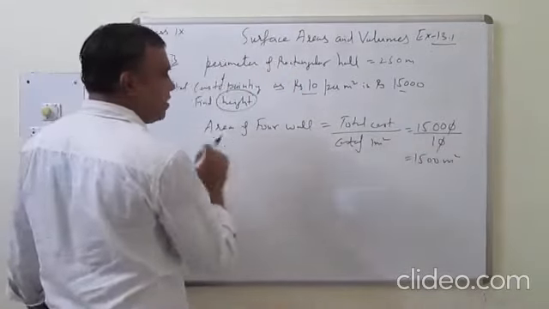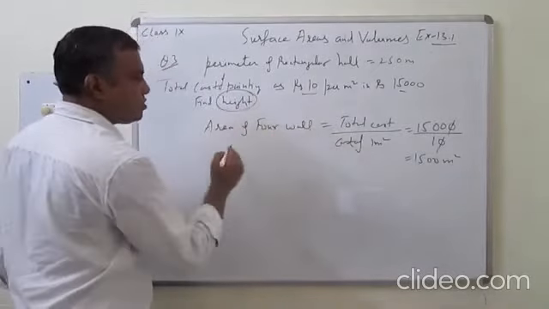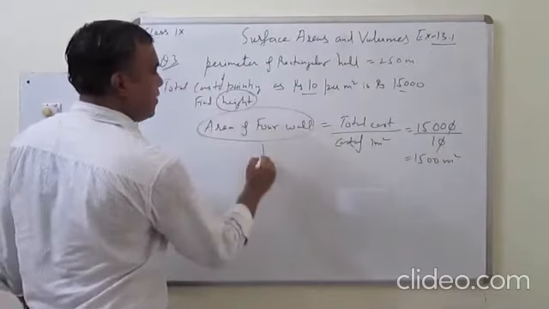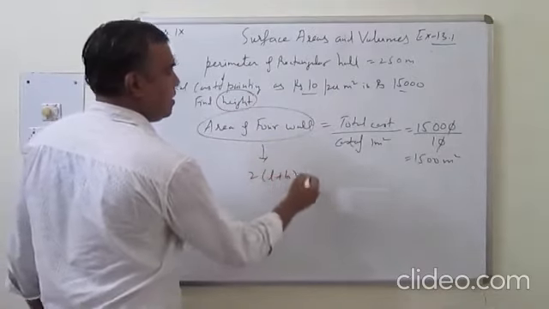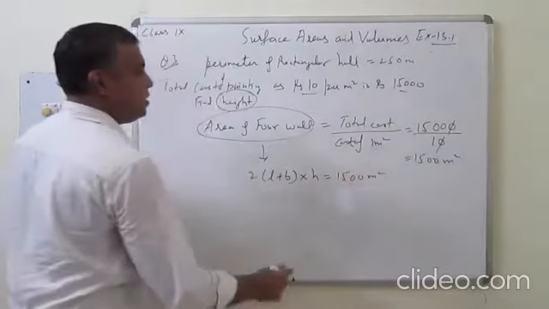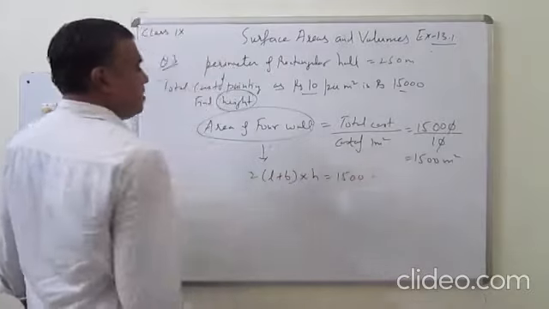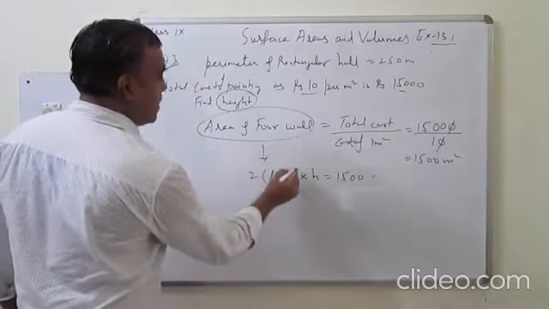What is the formula of area of four walls? You can write 2(L plus B), perimeter of rectangular hall, into height is equal to 1500 meter square. Now putting the values, this is perimeter.